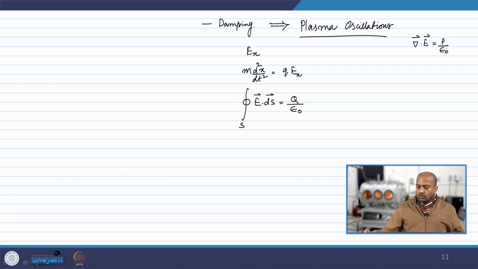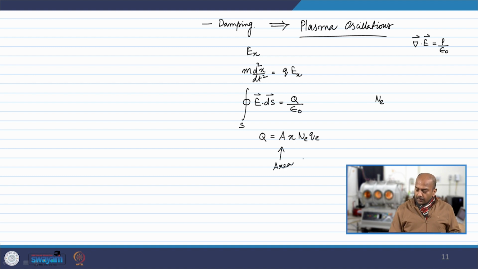What is Q? Q is the total charge contained in the closed surface, and if the equilibrium density is maintained, the total number of charge carriers is Ne. Then the total charge Q can be written as A x Ne Qe. What is A?